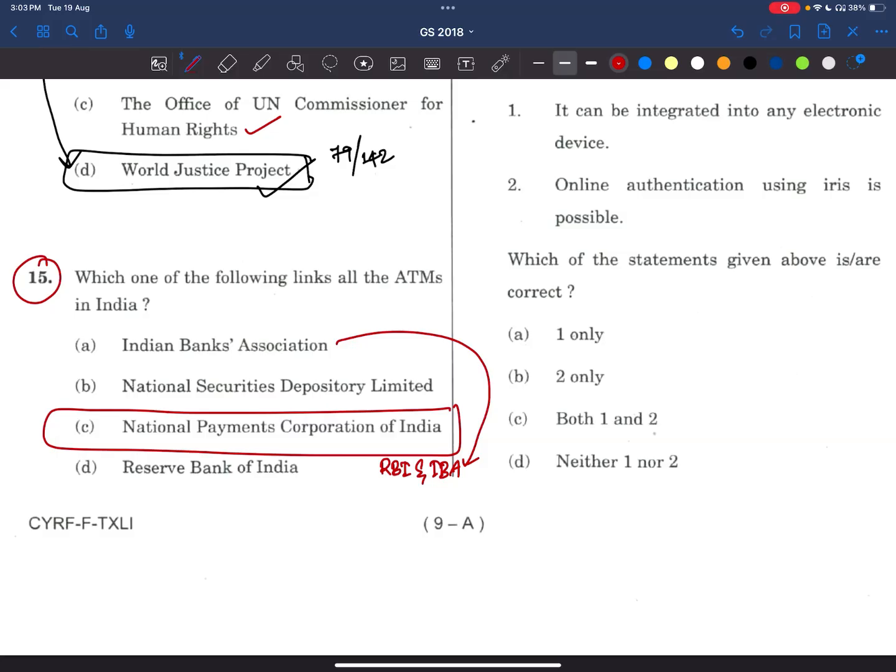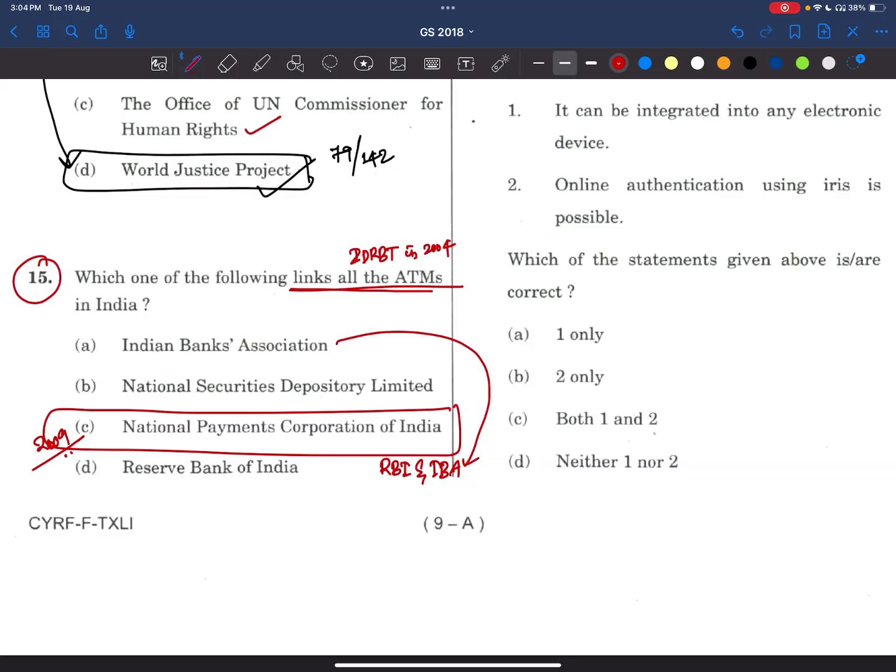Now linking all the ATMs was developed or designed by the Institute for Development and Research in Banking Technology, IDRBT, in some 2000. This linking of ATMs in India was taken up by NPCI in 2009. So the answer is NPCI.